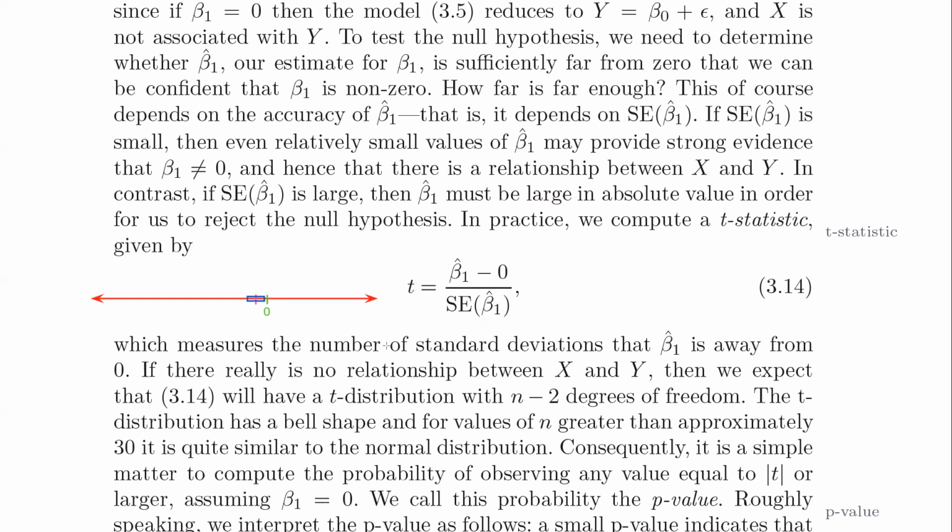And zero still isn't included. So if it's a 95% confidence interval, we could say we are 95% confident that there is a relationship between x and y, that the slope is not zero.